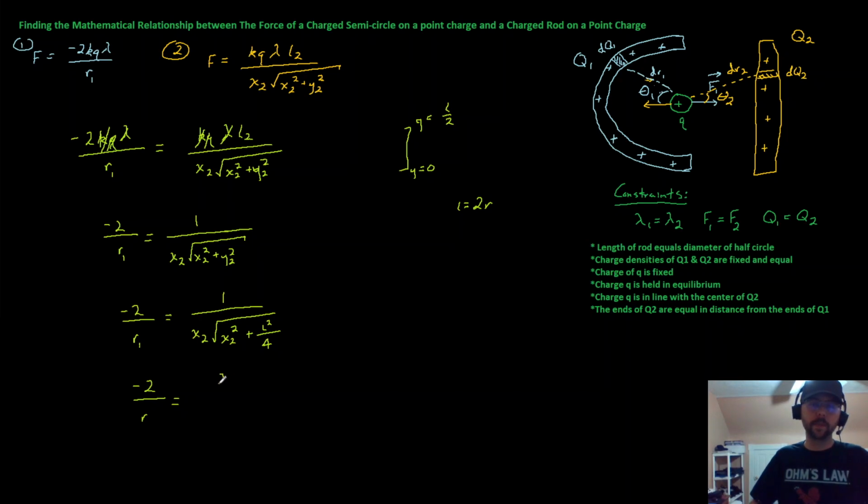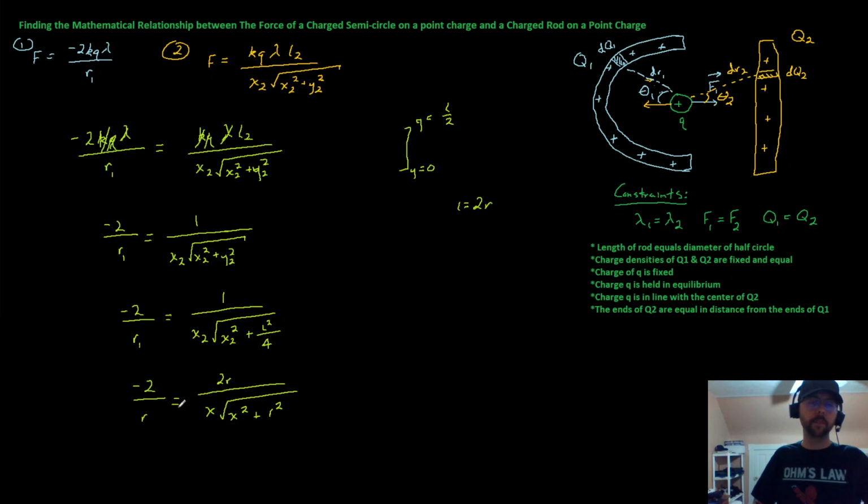So L equals 2r over x times the square root of x squared plus, so if I substitute in 2r, I'm going to get 4r squared. The 4's cancel, so I just have r squared.